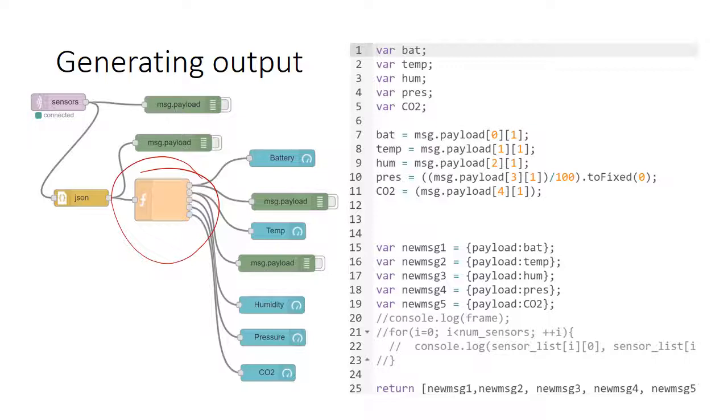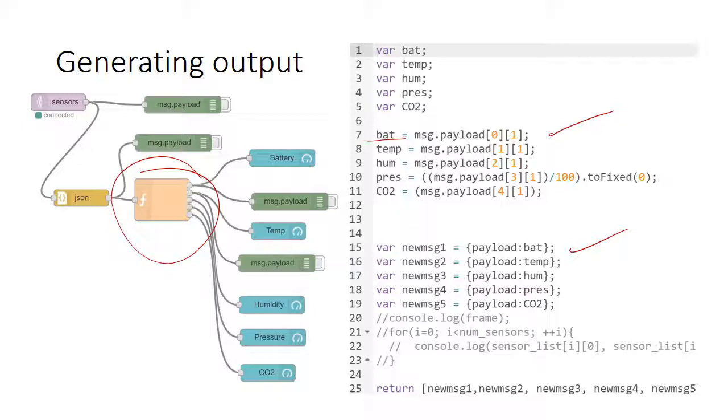So we have some assignments going on where I'm just extracting the data and looking at the first example here where I'm just pushing the data from the message payload, and it's the numeric data, the battery status, into a variable battery, or bat, sorry, and similarly for the temperature, humidity, pressure and carbon dioxide levels as well. So we've just passed that data across into local variables.